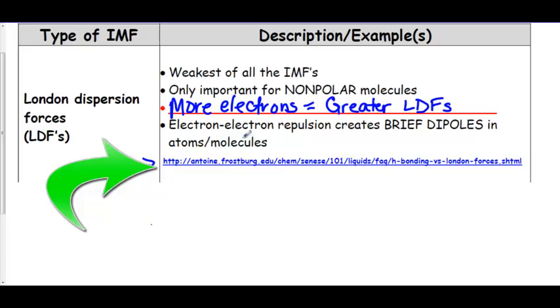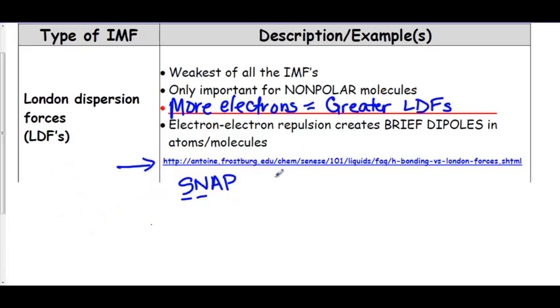Remember, we're looking at nonpolar molecules, so remember SNAP, right? Nonpolar would mean that there are 2 or more lines of symmetry in the shape, if we're looking at this shape.